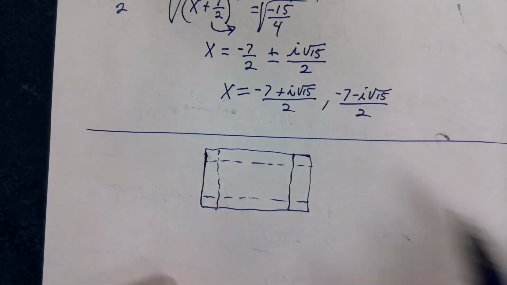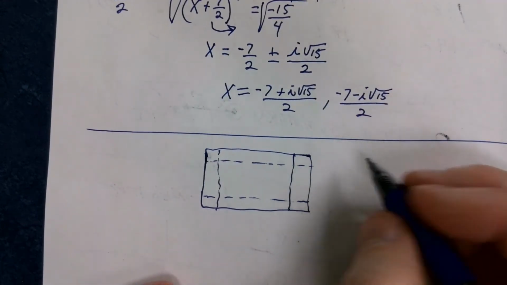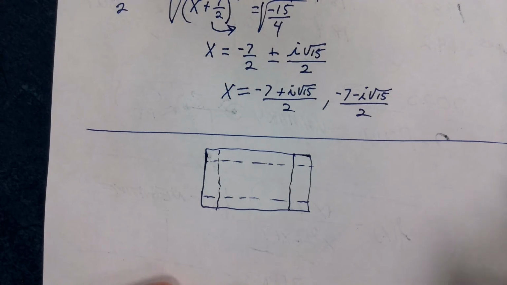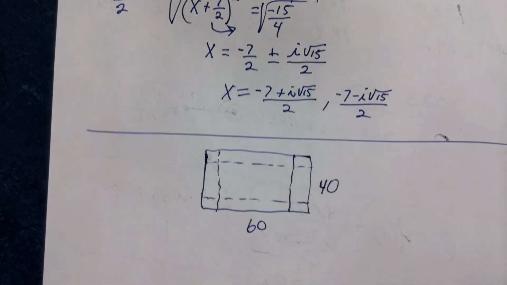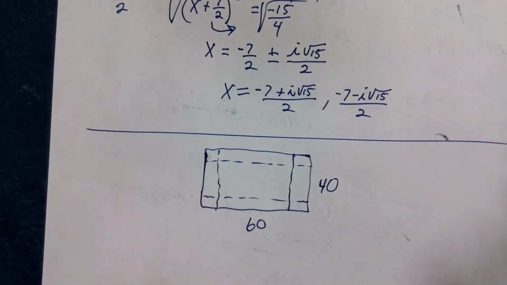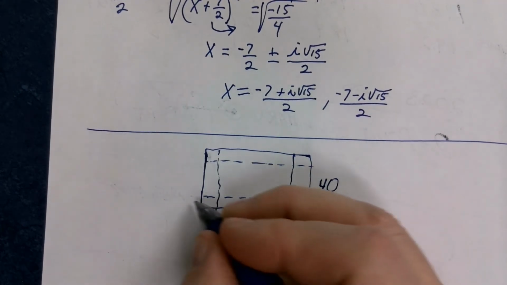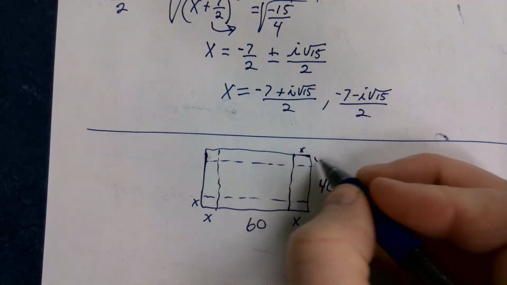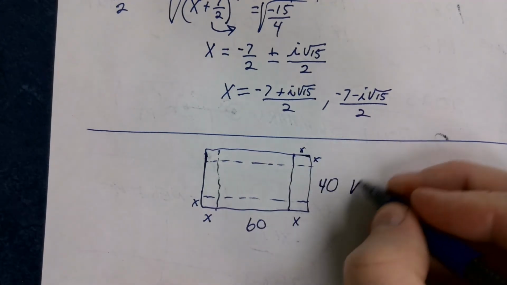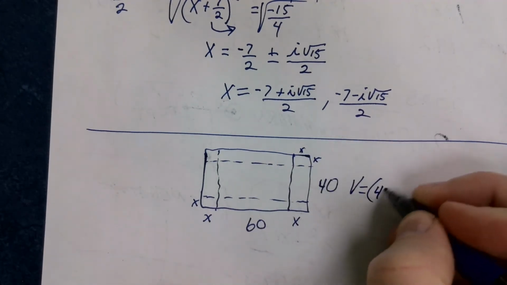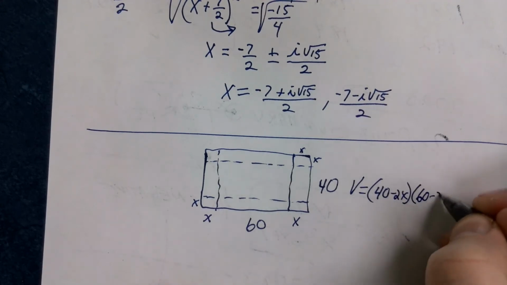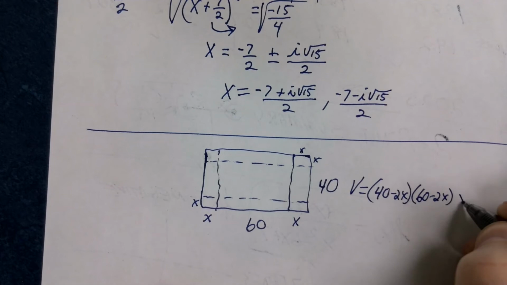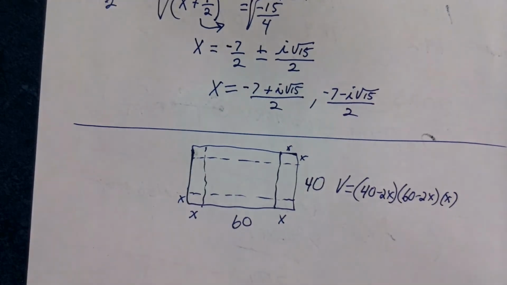Let's say that this was originally 40 by 60. That's a big box, and we're folding up these edges, which are all going to be the same. So my volume of my box is 40 minus 2x times 60 minus 2x times x. Those are my 3 dimensions.